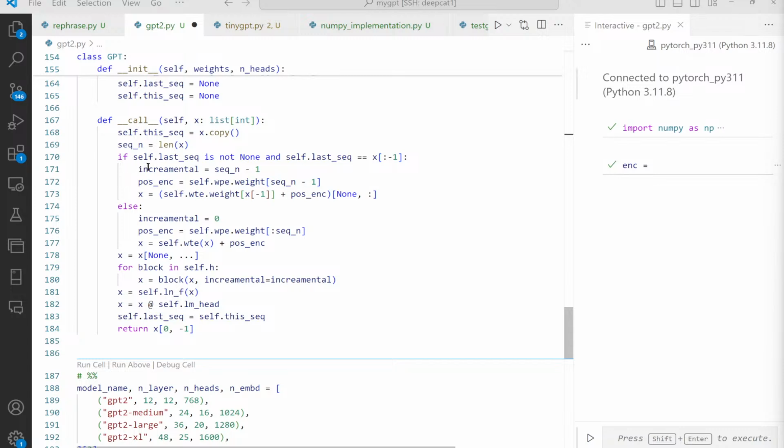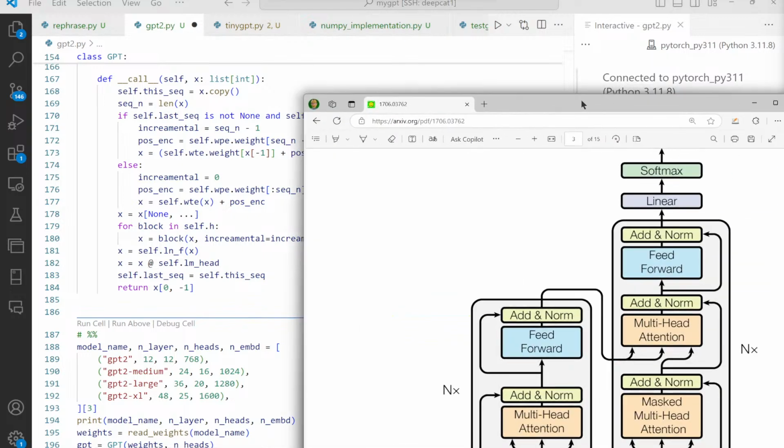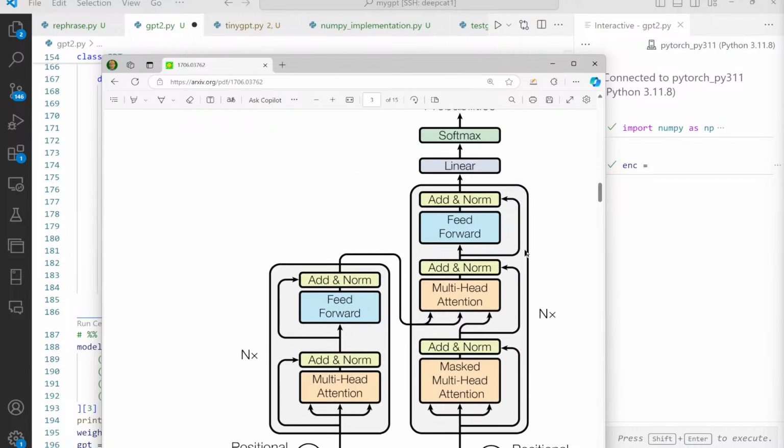Before that, we first run the blocks one by one to get our output. So we get our x here and run x equals block x. Basically, we run through several attention blocks, several of these guys.